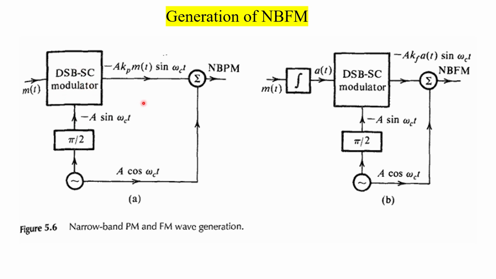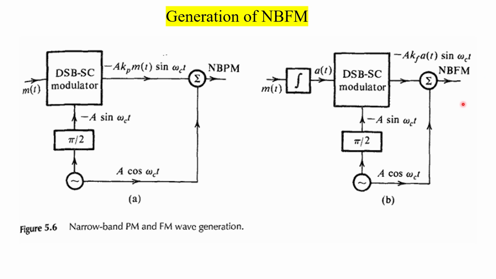This is a multiplier only, so it will multiply and then finally add, and you will get the phase modulation, right? And in order to get frequency modulation, just integrate your m(t) and then pass it through the same process, so you will get the narrowband frequency modulation.